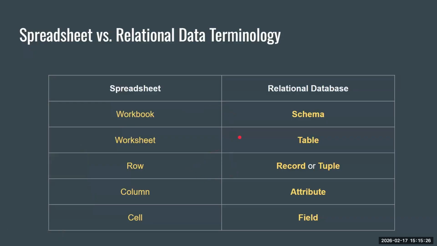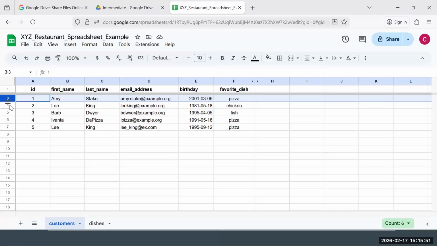And then below the table and schema, the database terminology has become muddled with the spreadsheet terminology over the last couple decades. So you'll hear me use the vernacular row when I mean record, or the vernacular column when I mean attribute. But row is equal to record.